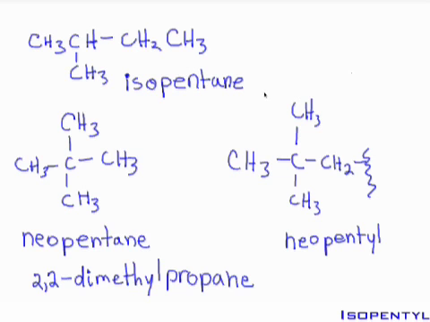Okay. Now, isopentane we could attach at the end CH3, and if we did that, you get something that looks like this, which would give you an isopentyl. So we pulled the H off the CH3 on the right.